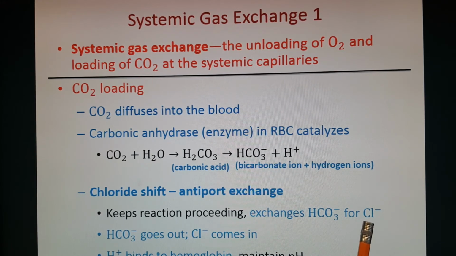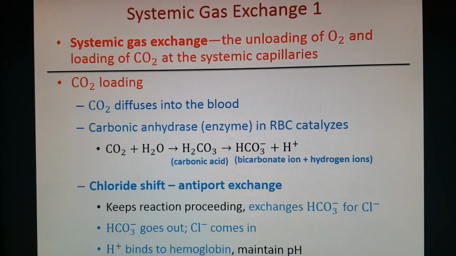So the bicarbonate ion leaves the red blood cell, and chloride ions are taken into the blood cells. Then lastly, just again, your hydrogen ion binds to hemoglobin. That helps to maintain pH, since free hydrogen ions in your red blood cell would decrease the pH and make it more acidic.